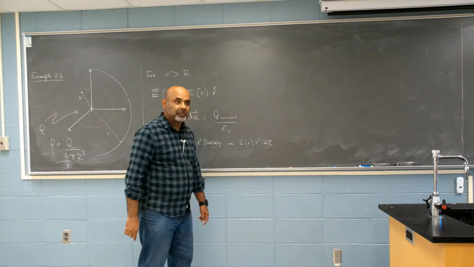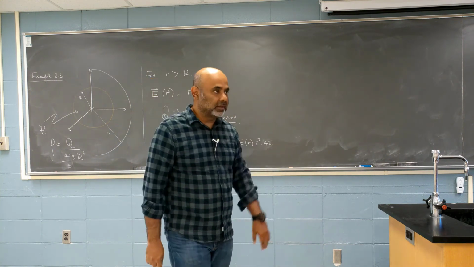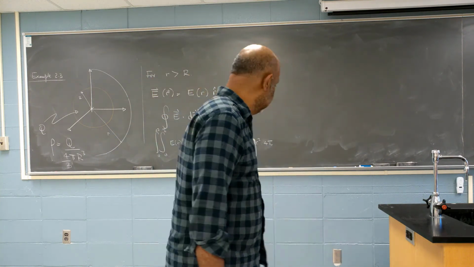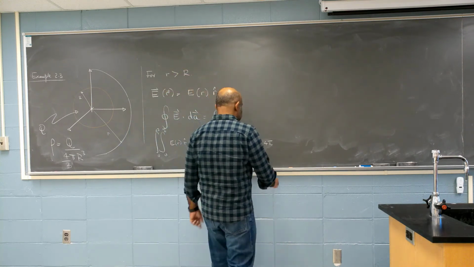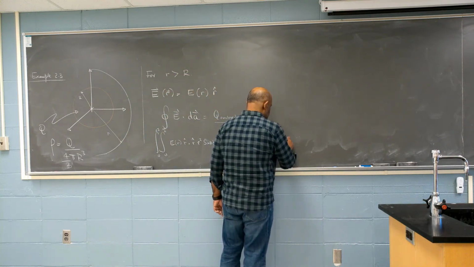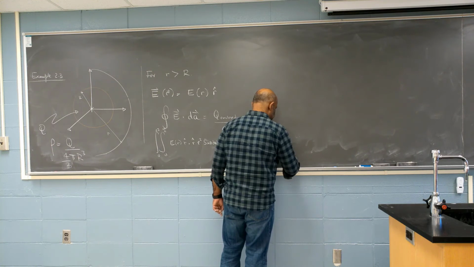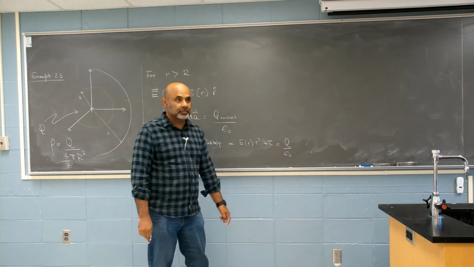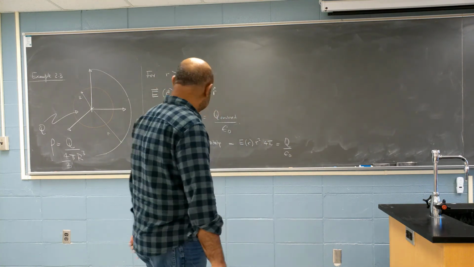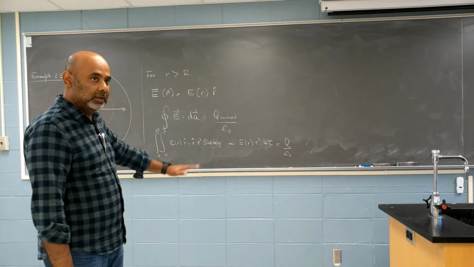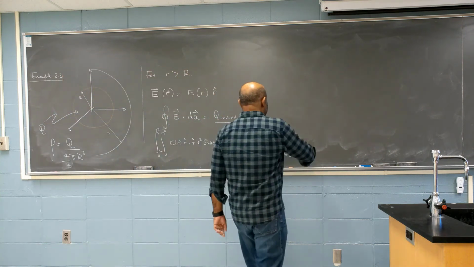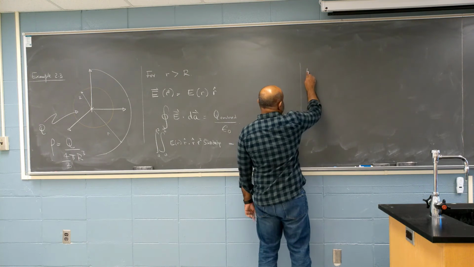Where did 4 pi come from? Sine theta, d theta, d phi. How much charge is inside? Well, all of it. You are not integrating. Let me be very clear. Therefore, guess what?